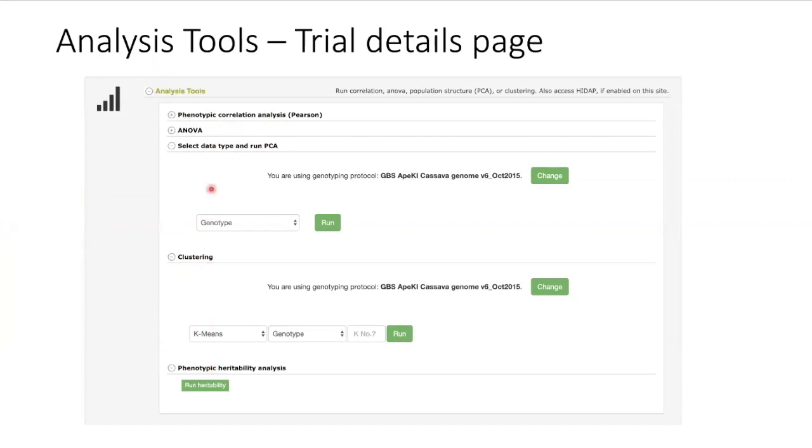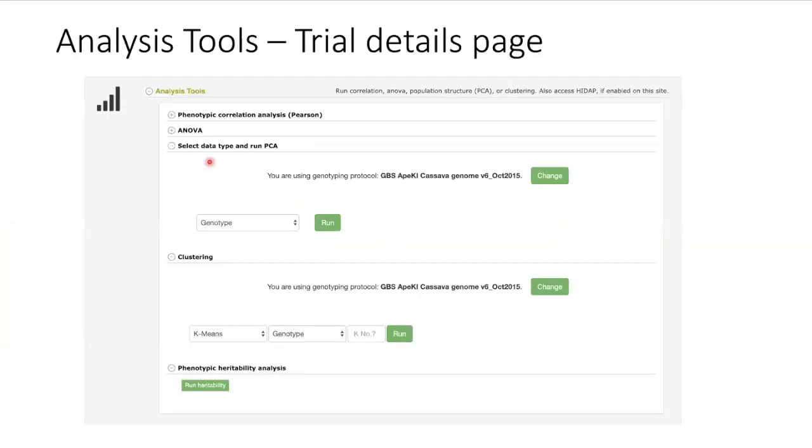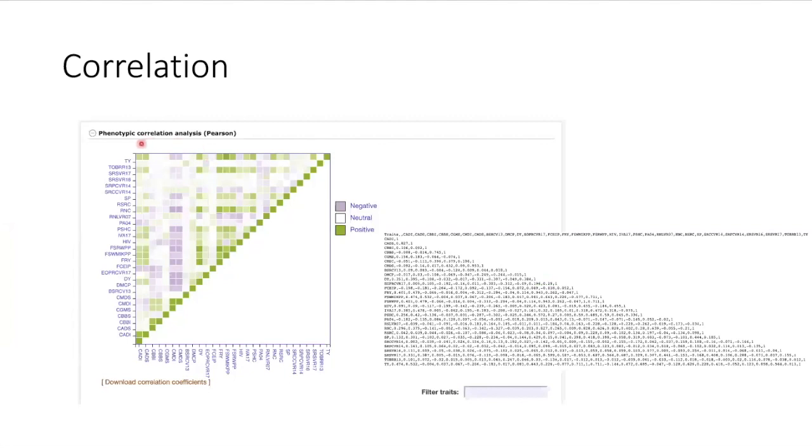In this case, I am using a trial that has genotypic data and also phenotypic data. I'm going to phenotypic correlation analysis. As the name says, it's only phenotypic data, and it is calculating correlation between all traits available in this trial.